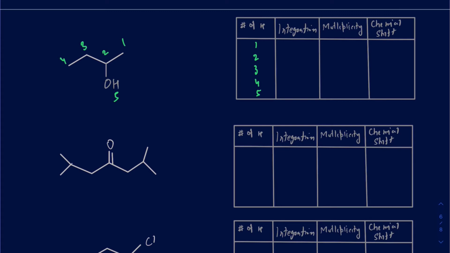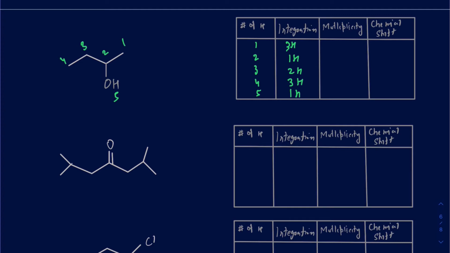How many protons do I have for signal 1 here? That's going to be 3 protons because that's just a methyl group. For 2, it's only 1 proton. For 3, it's got 2 protons. 4 also has 3 protons. And then 5 is only 1 proton because it's just an alcohol.